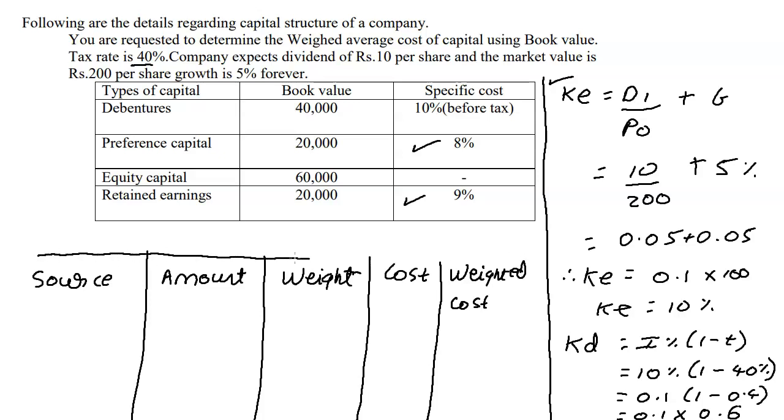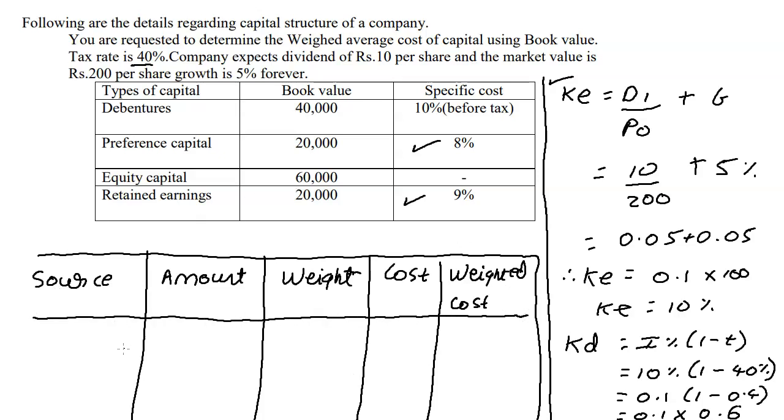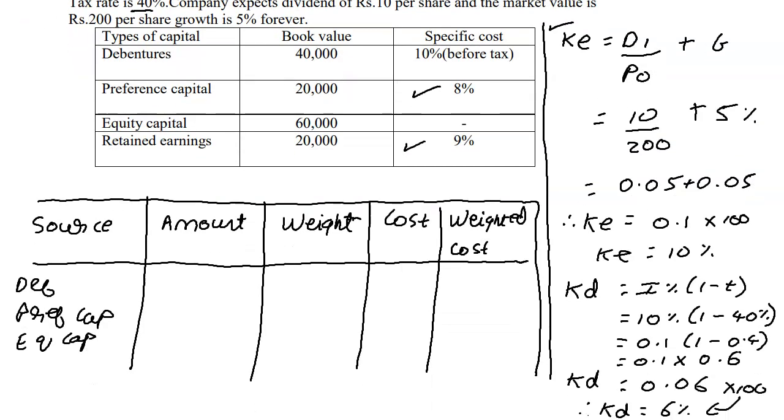Remember to use pencil and scale. A lot of this I'm just copy pasting from upstairs. So we have debentures, preference share capital, equity capital, and retained earnings.